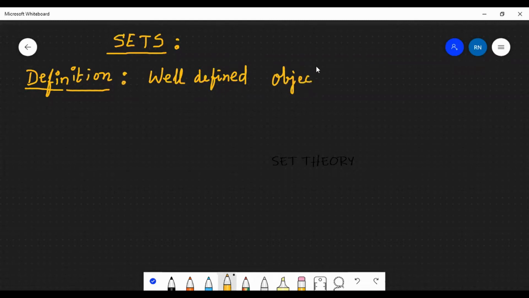Well-defined objects grouped together. Now, what are the very popular sets you can think of?